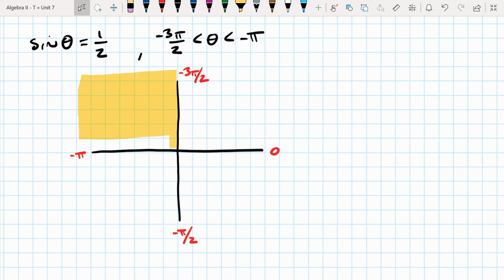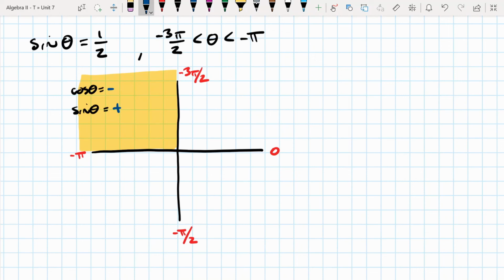Okay? So in the second quadrant, just like the last question, cosine of theta is equal to negative, and sine of theta is equal to positive.